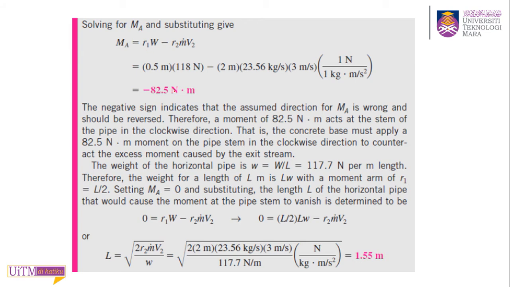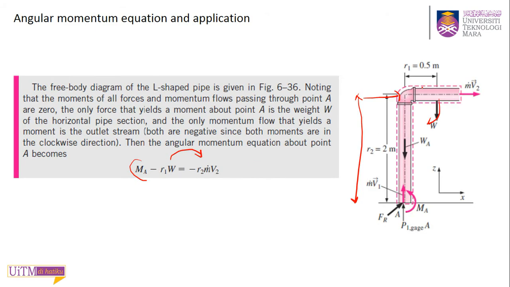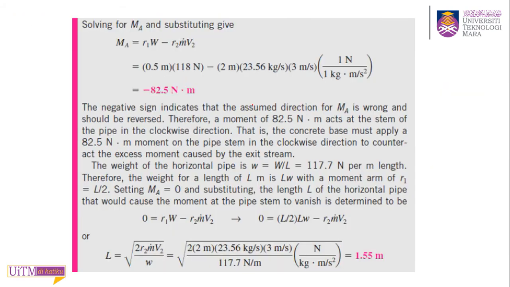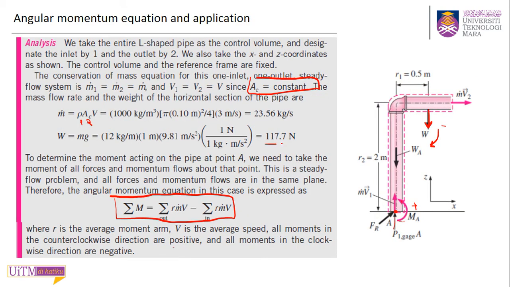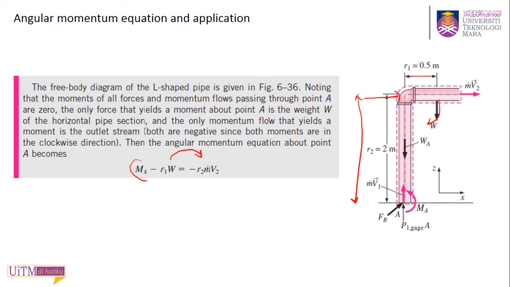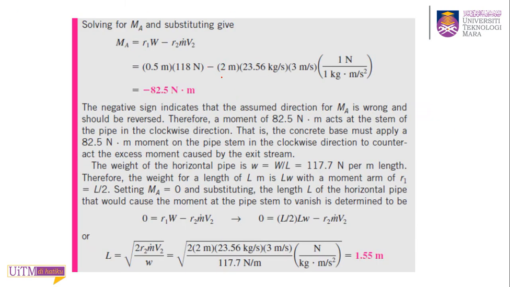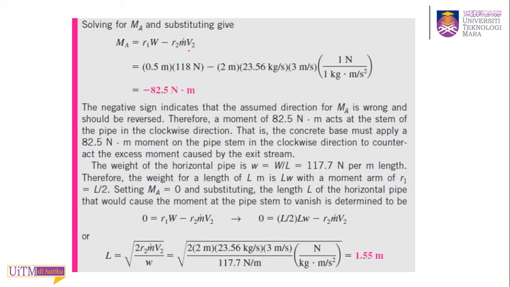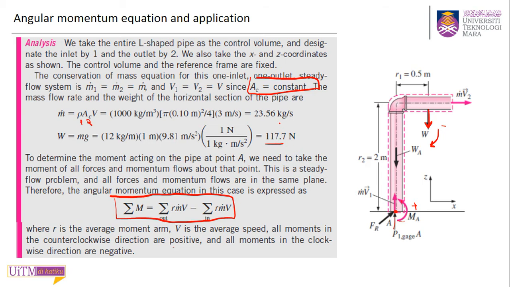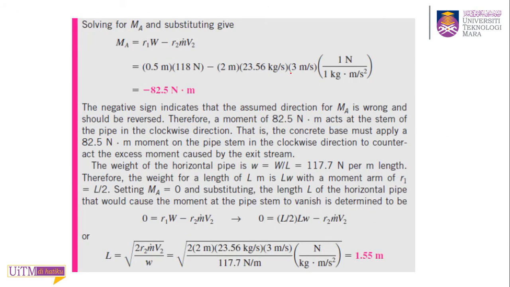So you know R1 is 0.5, and you have W, you calculated the W already here, 117.7, minus the R2, 2 meter, m dot, you already calculated the m dot, 23.56, and V, the velocity, 3.